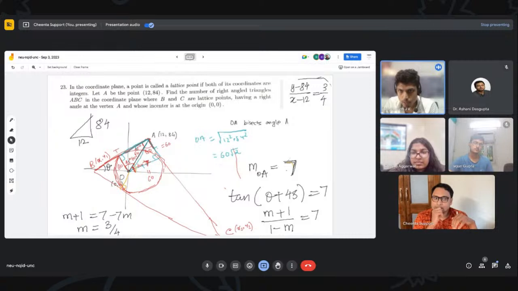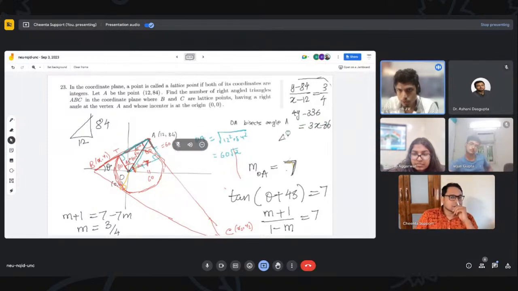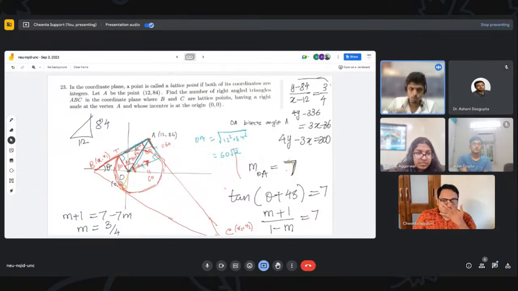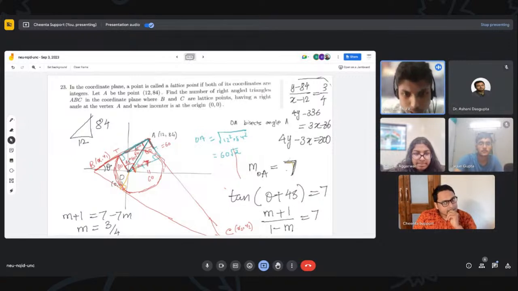So 4y minus 4 fours are 16, 3 threes are 9, is equal to 3x minus 36. So 4y minus 3x is equal to 300. And there will be many lattice point solutions for this.